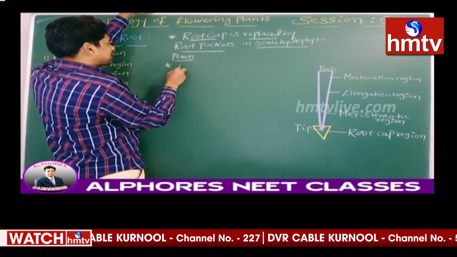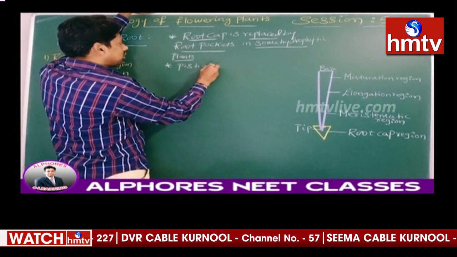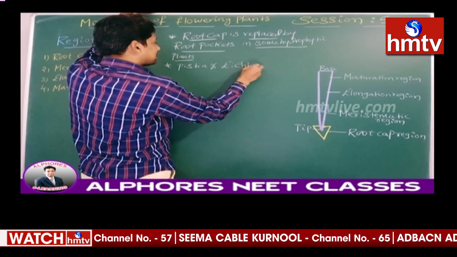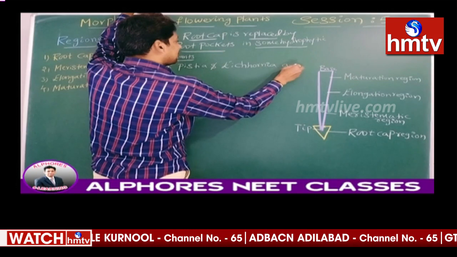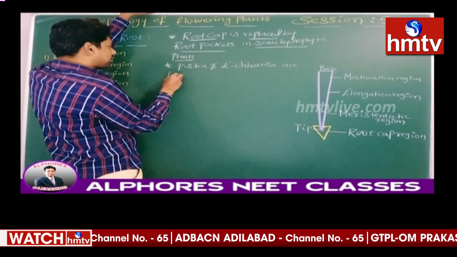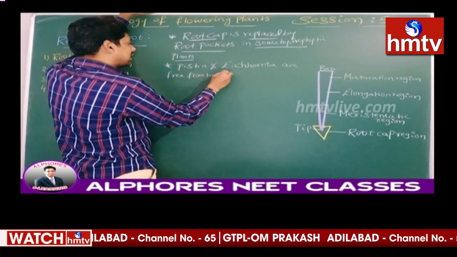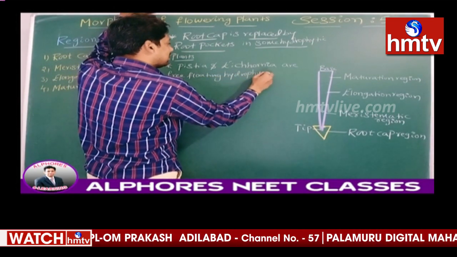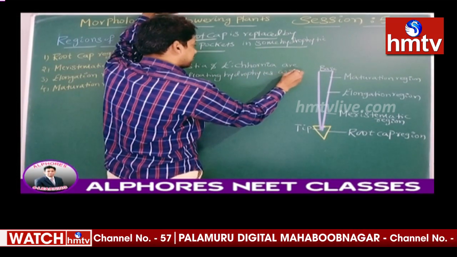Pistia and Eichhornia are free floating hydrophytes with root pockets.